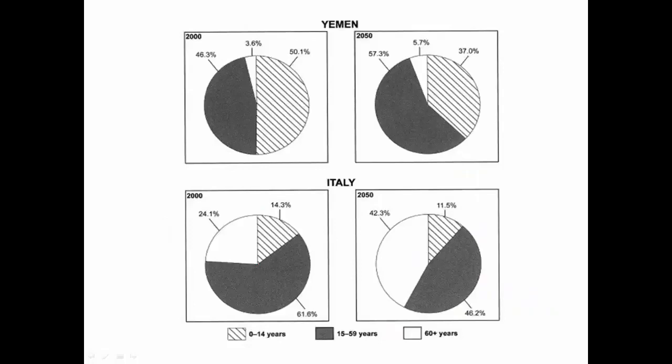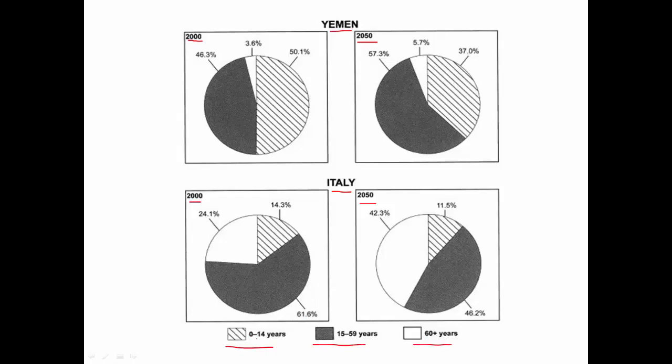So now let's look at pie charts. Now this is quite an interesting pie chart because there are 2 countries, Italy and Yemen, and there are also 2 years. So we don't really know whether we should make a comparison or whether we should show the general trends. And the next thing you would need to look at is the years.